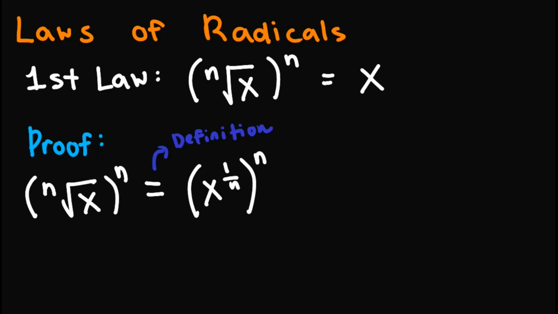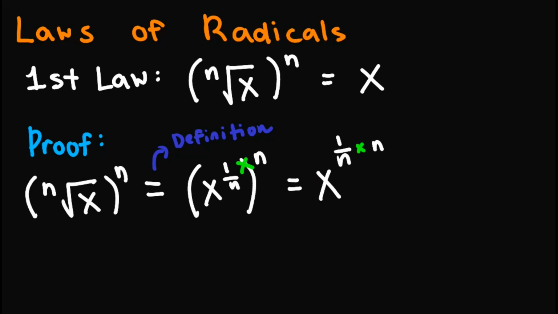Then from here, we apply laws of exponents, which is the power of a power. I think that's what it's called, wherein we multiply these two. So we'll have here x raised to 1 over n times n.